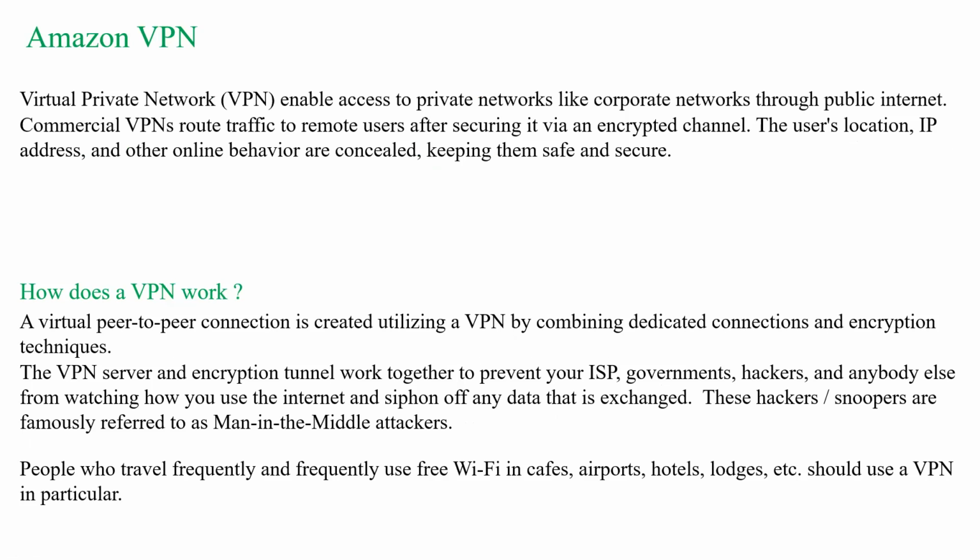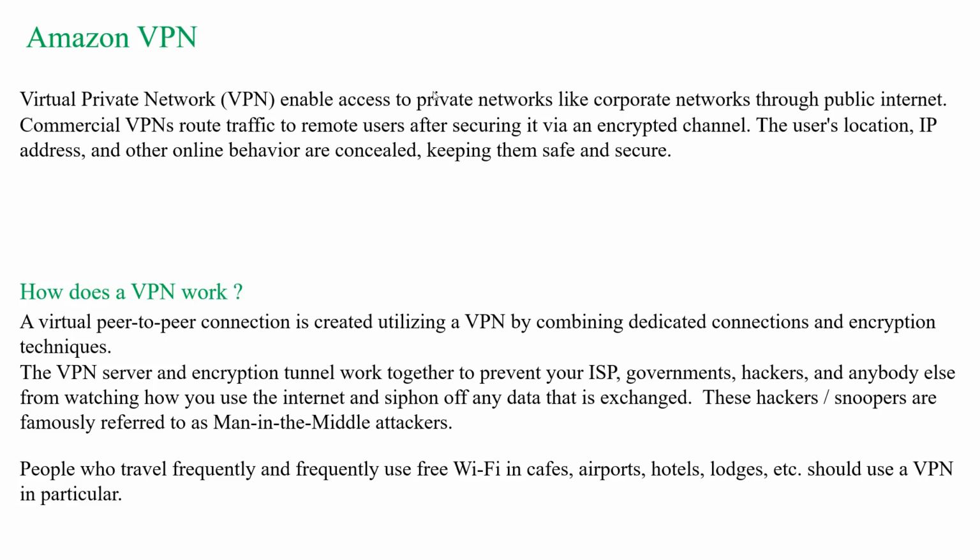So what is all about a virtual private network? It enables access to private networks like corporate networks through the public internet. Commercial VPNs route traffic to remote users after securing it via an encrypted channel. So the user's location, IP address, and other online behavior are concealed, keeping them safe and secured.